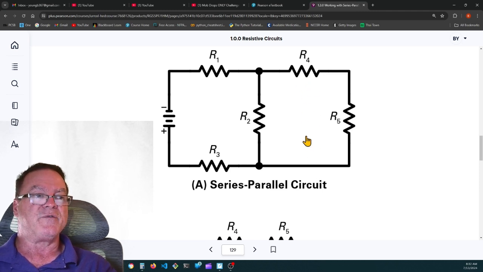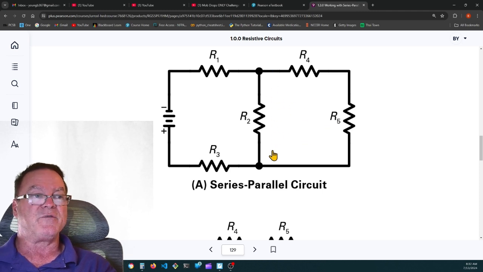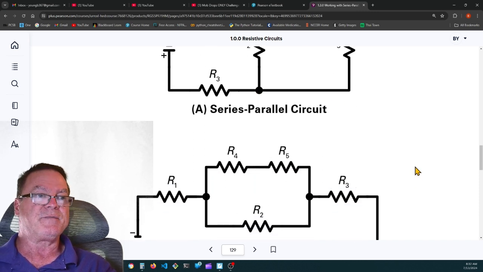Then that equivalent resistance is in parallel with R2. We'll solve them by using the parallel rules. When we're finished finding the equivalent resistance of those three resistors, then we can add R1, R245, and R3 to get the total resistance.